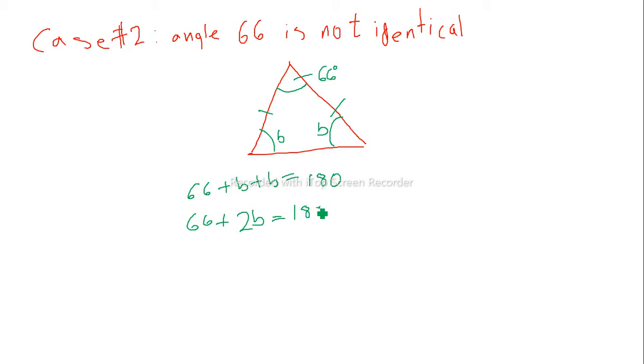And then at this point, we're going to send the 66 over. So it's going to be 2B equals 180 minus 66. Alright, so what is 180 minus 66? 114.